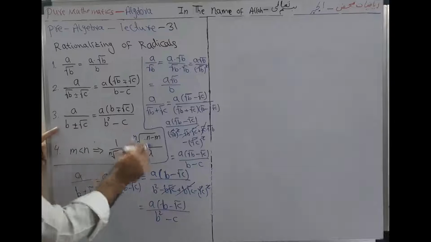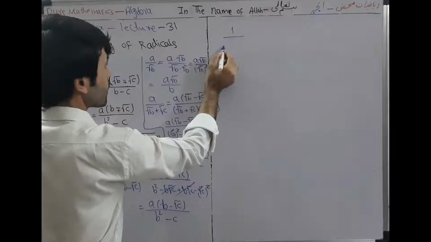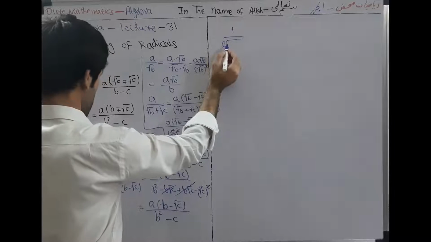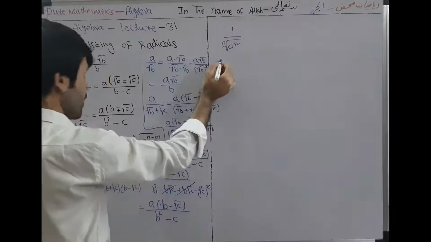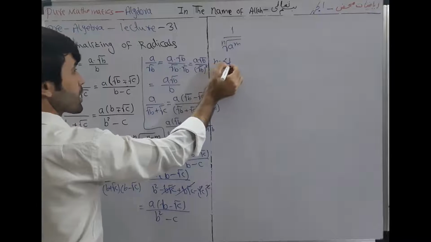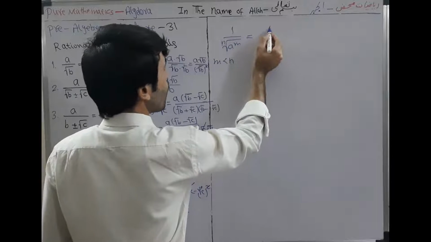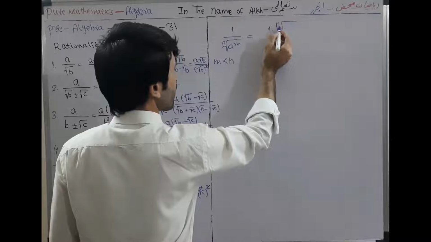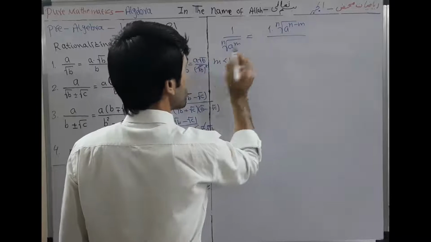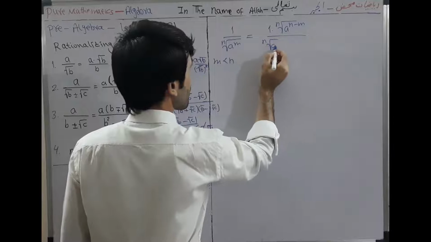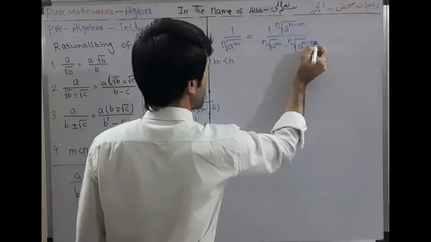Then the fourth one, 1 over the nth root of a to the power m. Here m should be less than n. It is equal to 1 multiplied by the nth root of a to the power n minus m over the nth root of a to the power m into the nth root of a to the power n minus m.